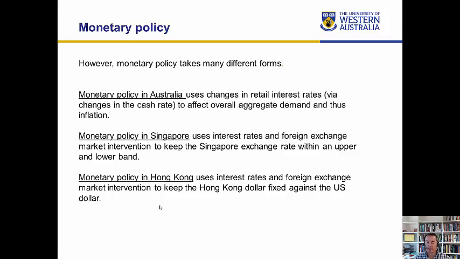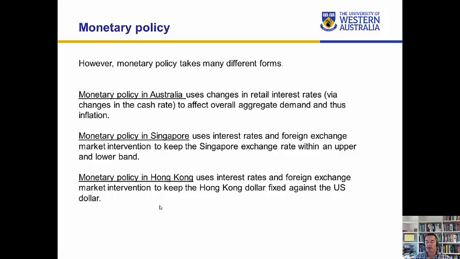But just briefly, I want to run through and emphasize that monetary policy can take many different forms. Ultimately, the ultimate target of most monetary policies is to keep inflation low. And central banks around the world believe that if they can keep inflation low, they will create the right economic environment that encourages savings and investment in capital equipment and investment in R&D, which leads to long-term growth.